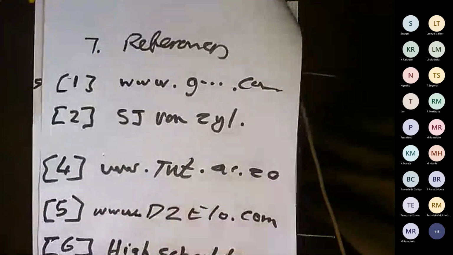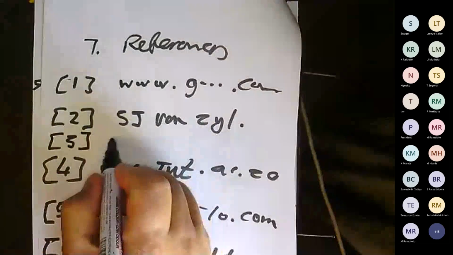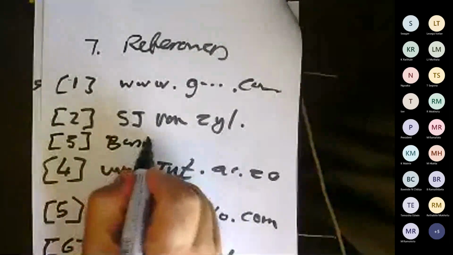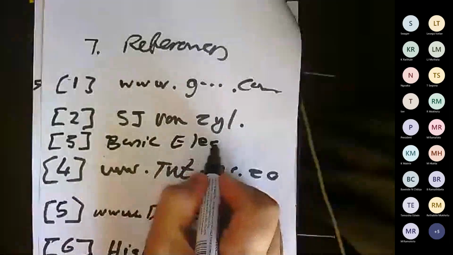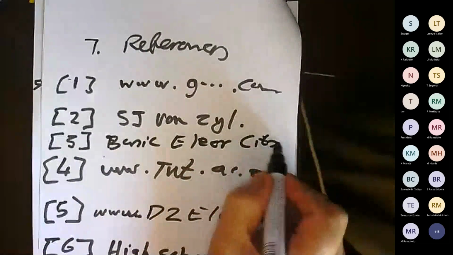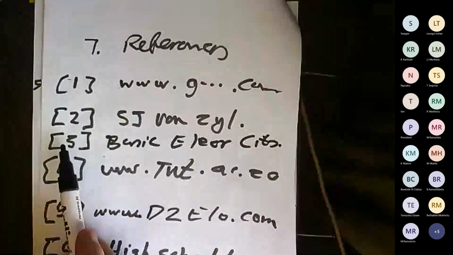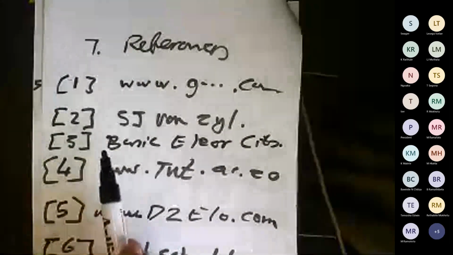So your last page then contains the references. For that formula, remember, it was number 3. So it will be number 3 here, Basic Electrical Circuits. So reference 3, that formula comes from that book.